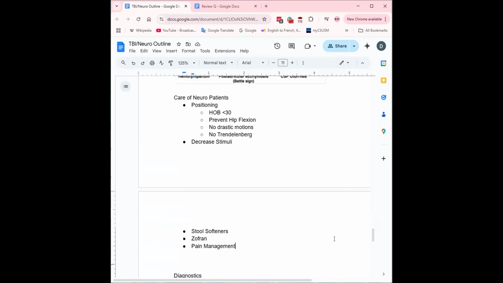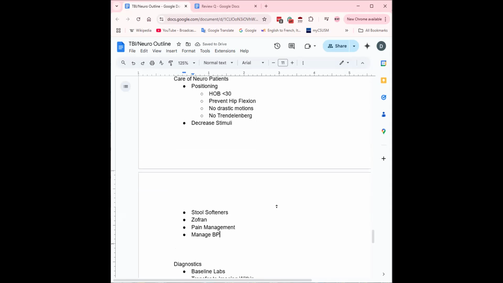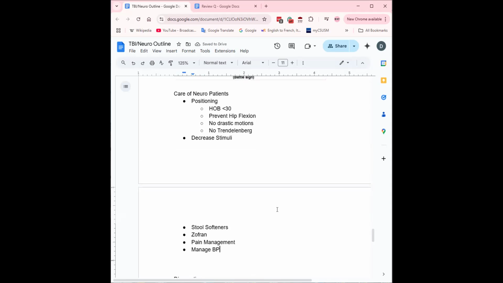Antihypertensives. I would say it probably depends on how we're managing it because there is permissive hypertension. So there's usually a goal for your blood pressure. So it depends where you want it to be. So I would say manage BP, whether up or down. Anything else that we talked about that could be good?